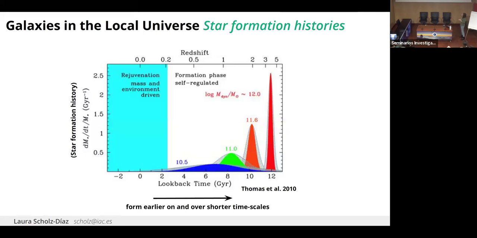If we go to less massive galaxies, you see how this peak is more extended and later in time. And for example, these lower mass galaxies have a very extended star formation history. So we also see a dependence of the star formation histories on stellar mass.